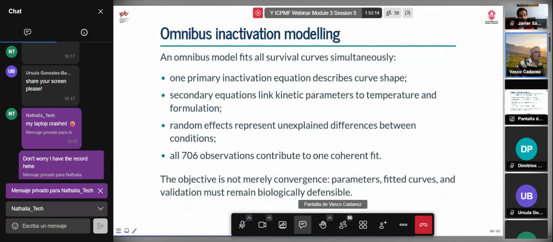Okay, so now the omnibus modeling. The documentation also explains this very well, so I will not spend too much time reading this.